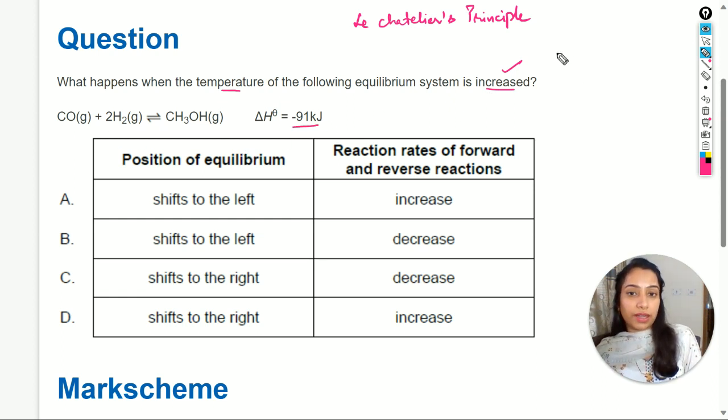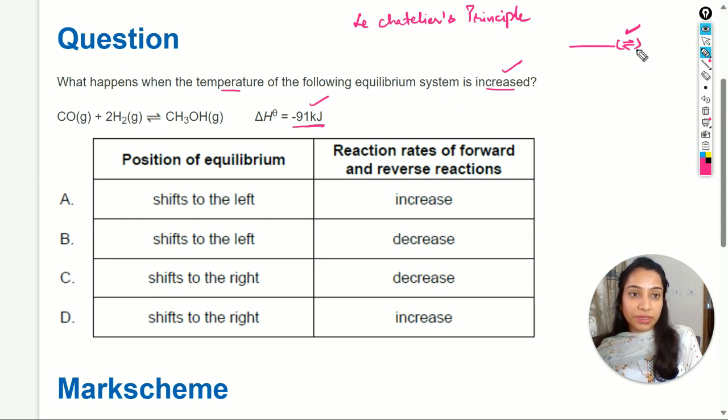So here the enthalpy change is given. We have to understand that this enthalpy change is for the forward reaction, because in the equilibrium, the forward reaction and the reverse reaction both occur at the same time. Why is it for the forward reaction? Because when some reaction occurs, after that it attains equilibrium, and at this equilibrium state the forward reaction and the reverse reaction occur at the same rate.